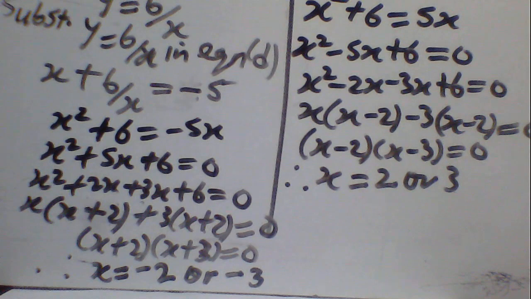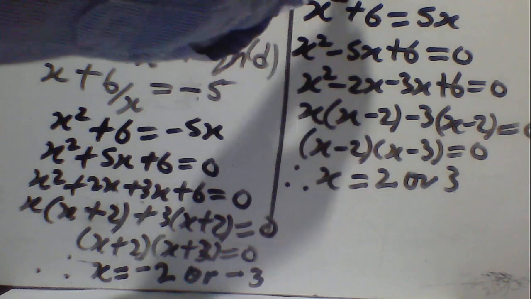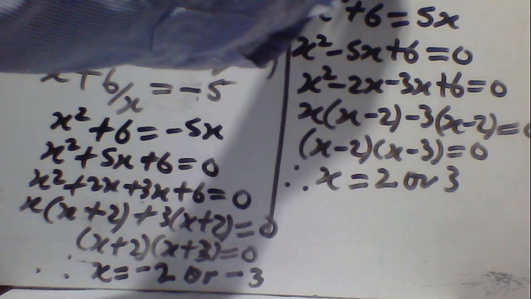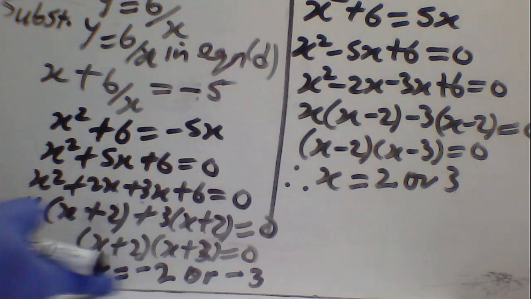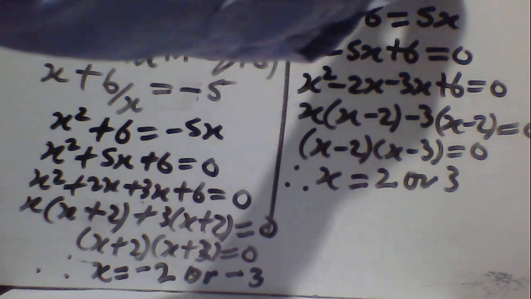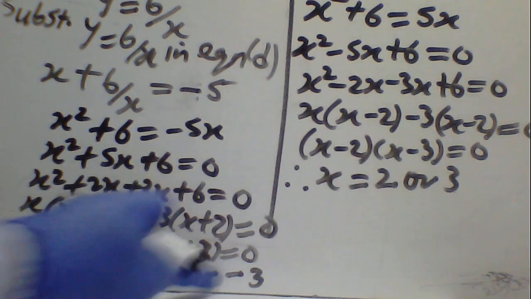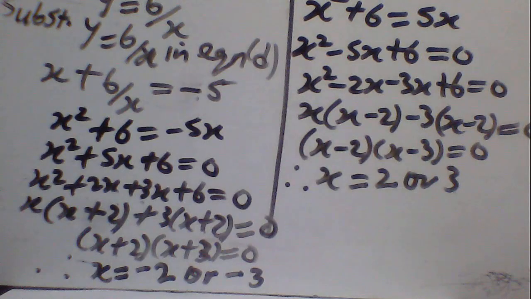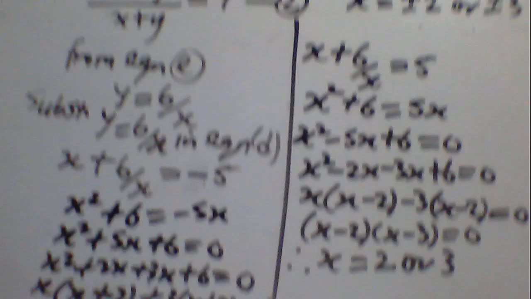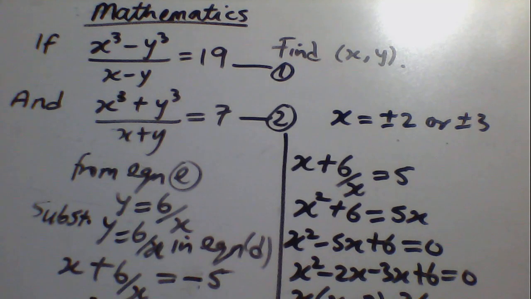We can bring up all these values of x. So in this case we have s, plus or minus 2 or plus or minus 3. So we have 2 values of x.